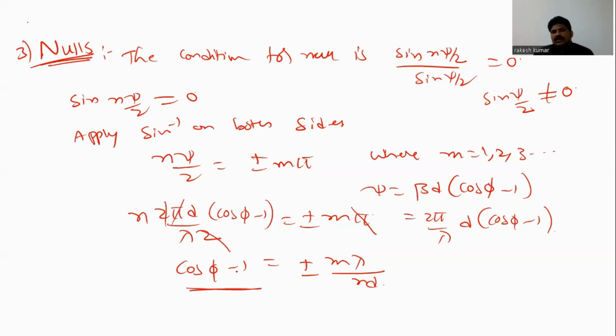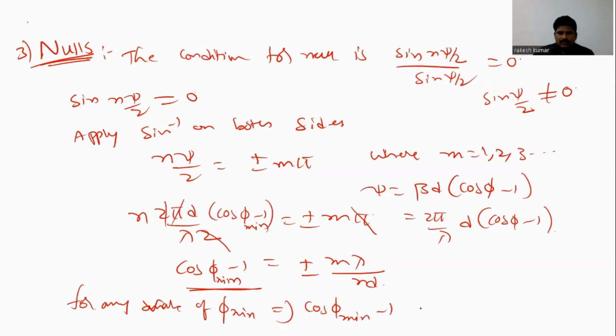Cos 30 or any value. For any value of phi minimum, cos phi minimum minus 1 is negative.